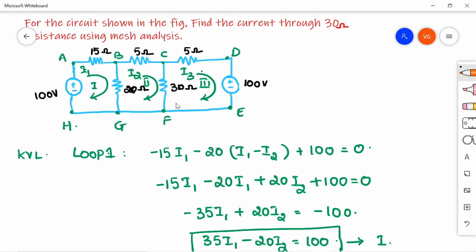So let us find out I2 and I3 now. As I2 is equal to D2 by D and I3 is equal to D3 by D. So the D2 determinant and D3 determinant that you can get by replacing the second column and third column. So let us do that.